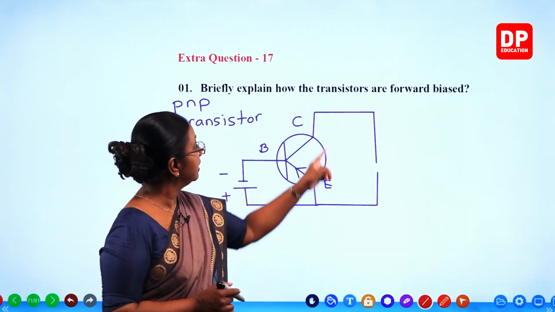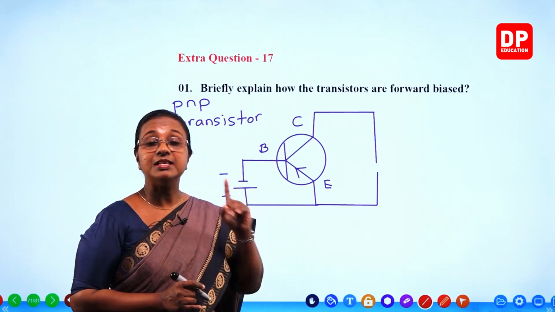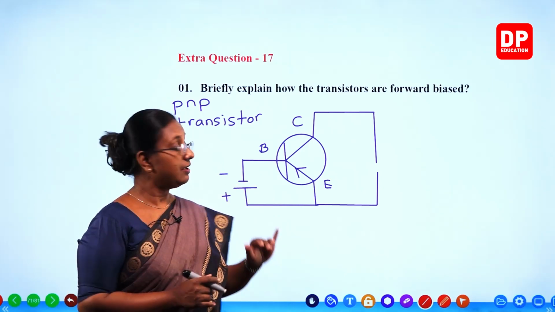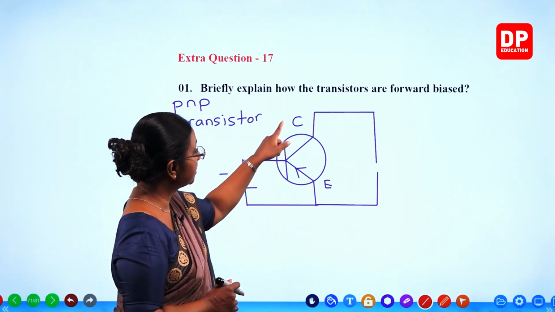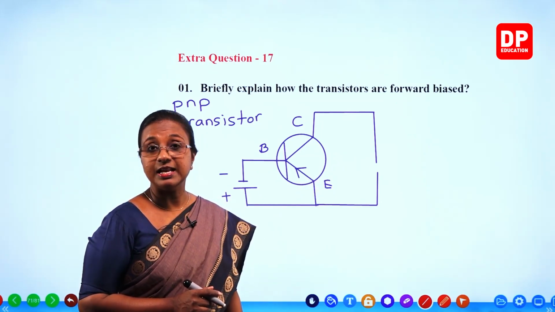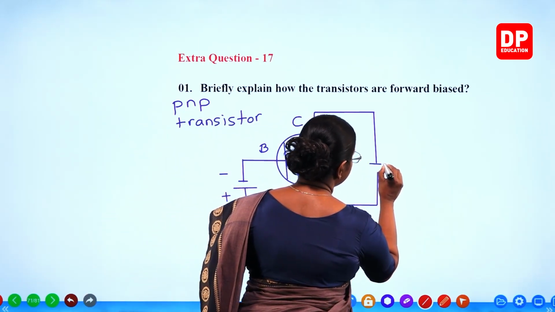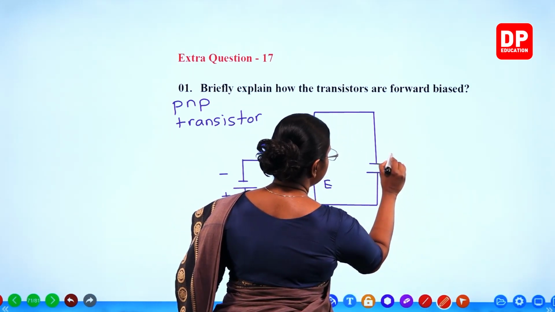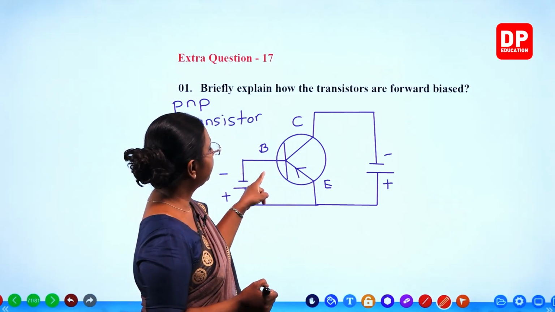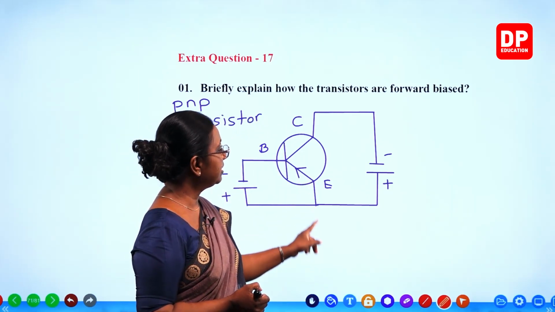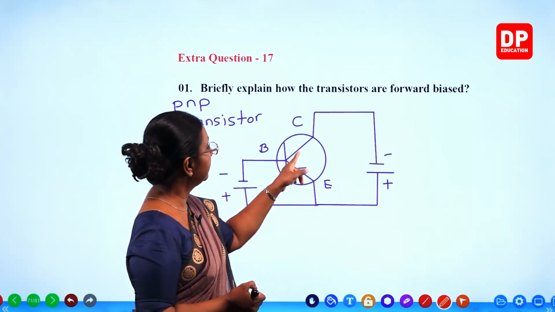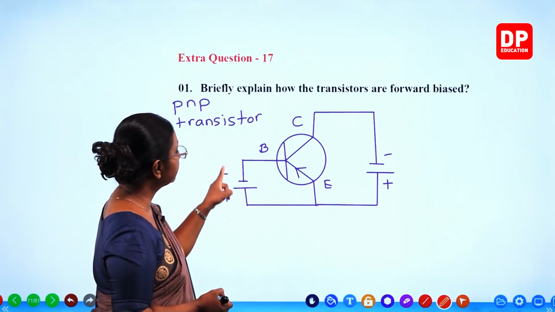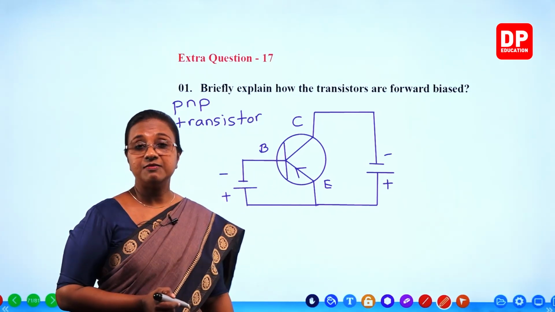Then you can remember the collector is supplied with the same potential, not the magnitude, the sign. If we supply negative potential to the base, the collector is also supplied with negative potential. So if it is a PNP transistor, the emitter is connected to the positive terminal, and the collector is connected to the negative terminal. The same way, the base is also connected to the negative terminal.